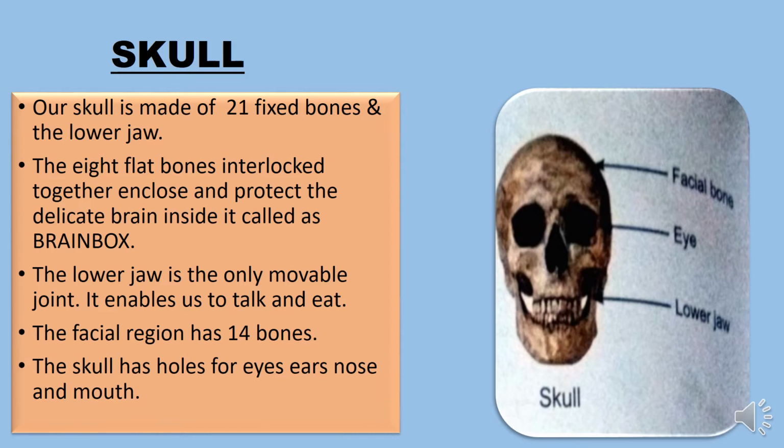The skull has holes for the eyes, ears, nose and mouth. The lower jaw is the only movable joint. It enables us to talk and to eat. Fine, so this was about the skull. I hope the skull part is clear to all of you.